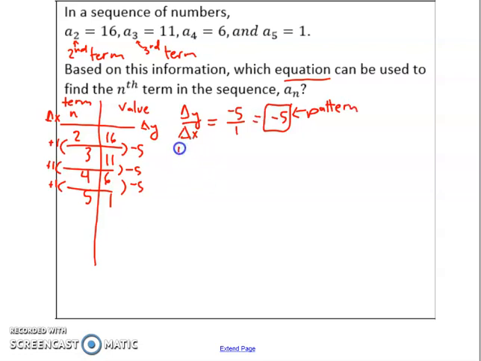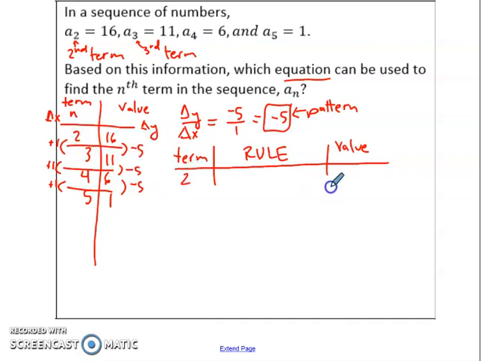Now we're going to use the table to find the rule. So find that additional amount. And I'm leaving a nice big space here because I don't know exactly what I'm going to need in there. I'm going to take a term. The second term, I know it's supposed to be 16. So what do I do to 2 to get to 16?